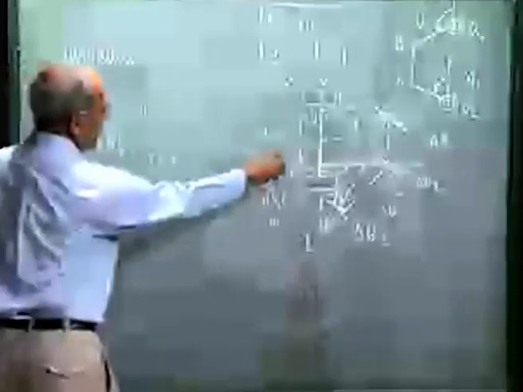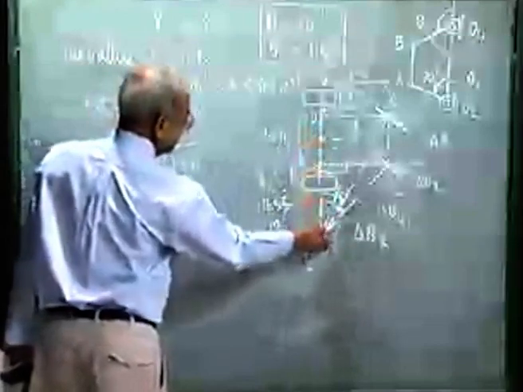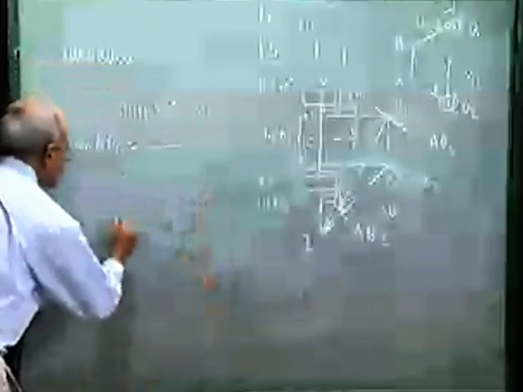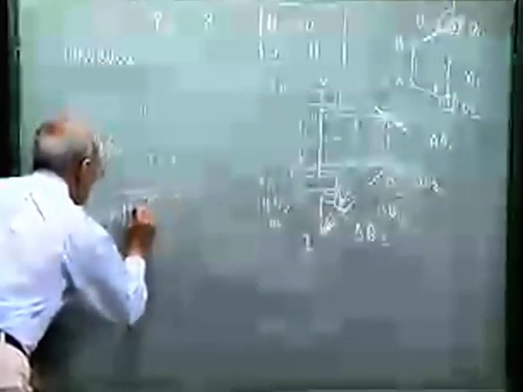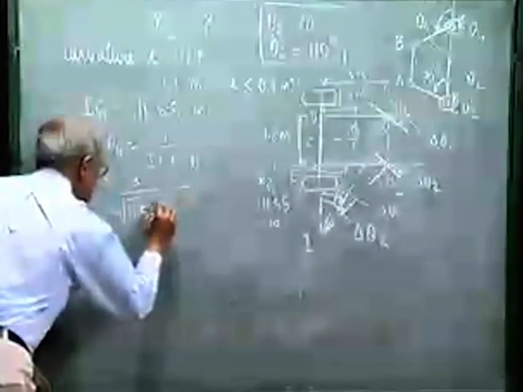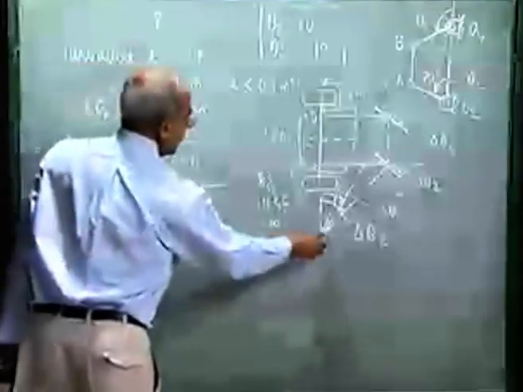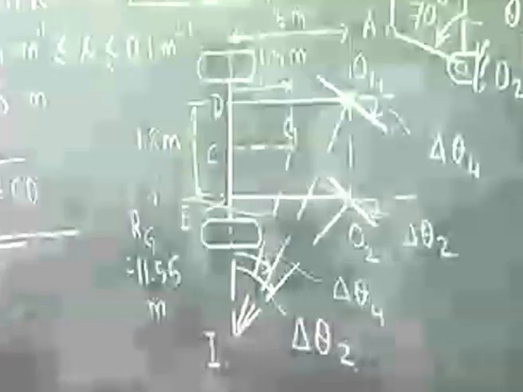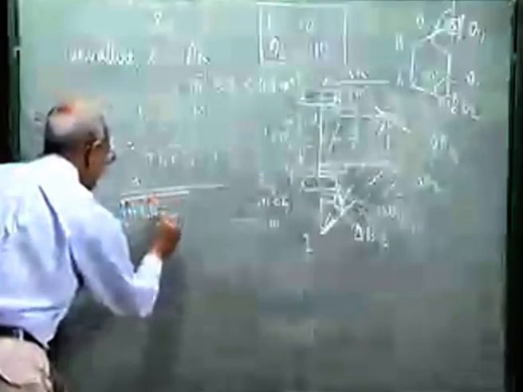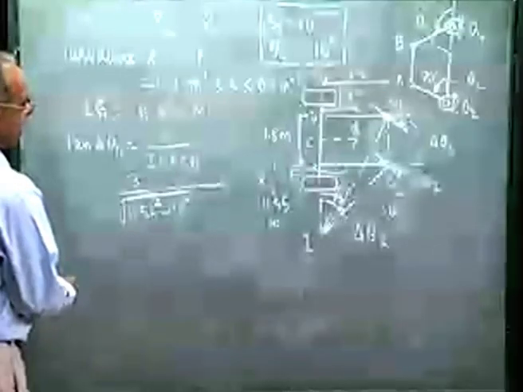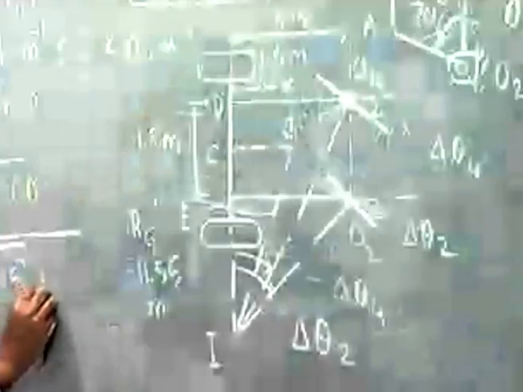And CD is 0.9 meter. And IC I can get from IG and CG. CG is 1.5 meter. So this is 3 divided by square root of 11.55 squared minus 1.5 whole squared, that is IC, plus 0.9.